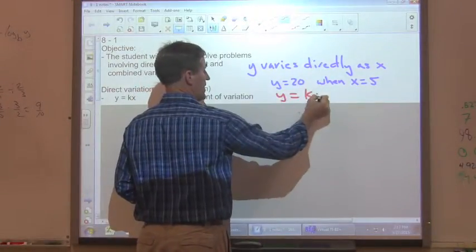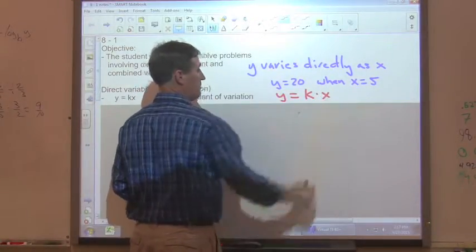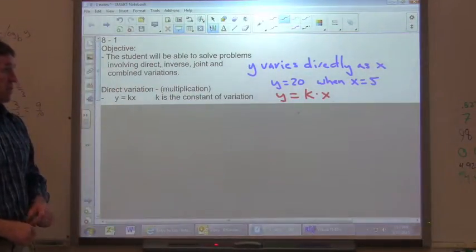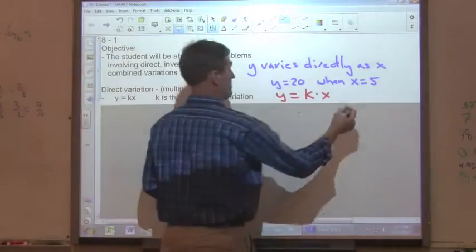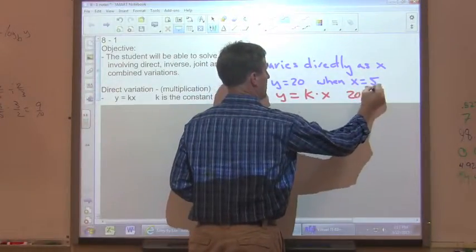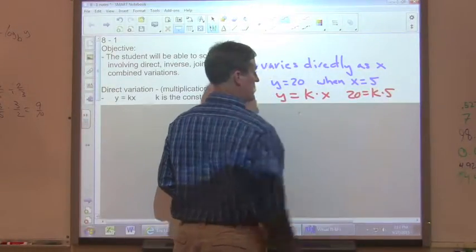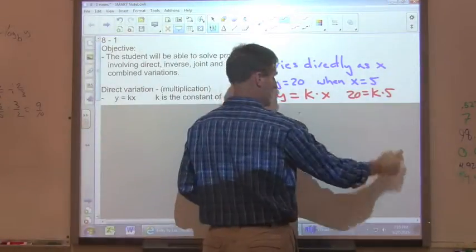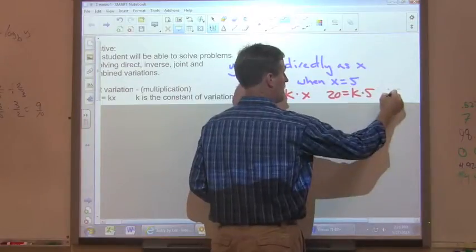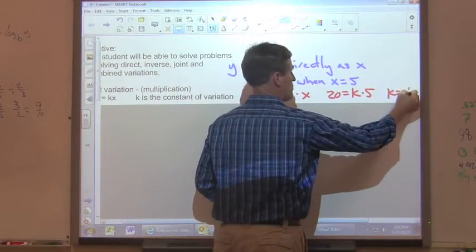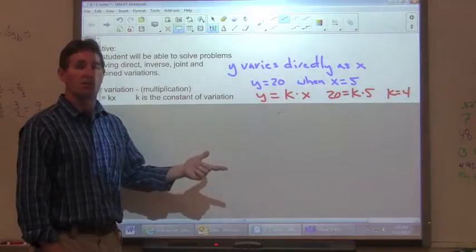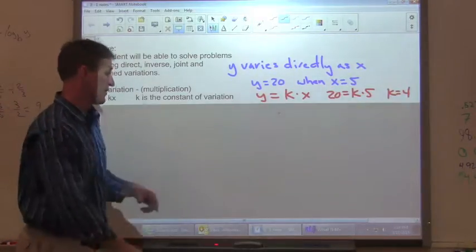Directly tells you that it's multiplied by the next term after that, which in this case is x. So we can now write this problem, 20 equals k times 5. We can divide by 5, and we now know that in this case, k is equal to 4. And so that's our constant of variation, if they ask for that.